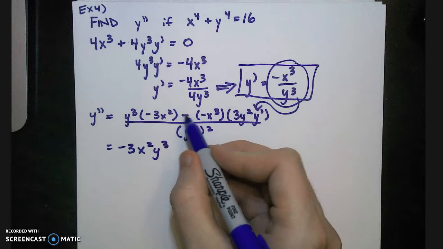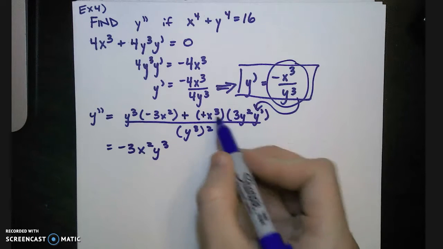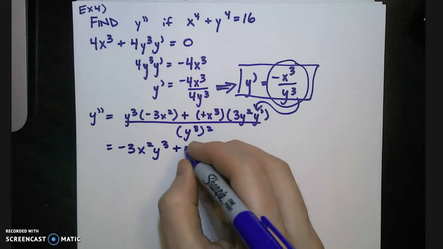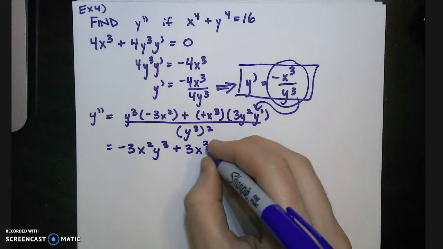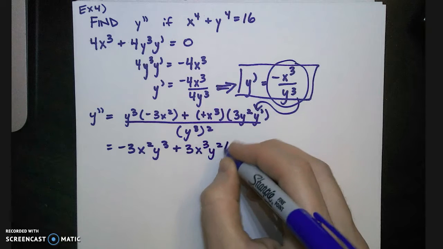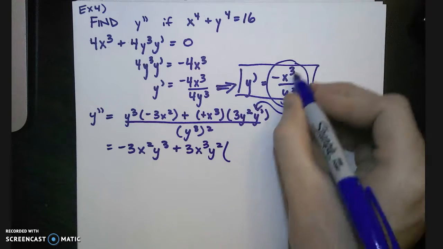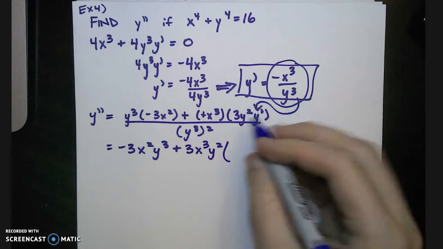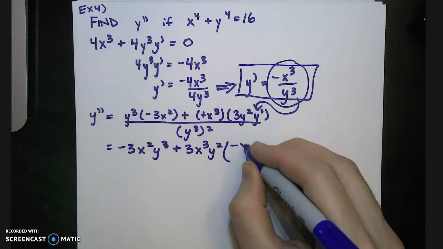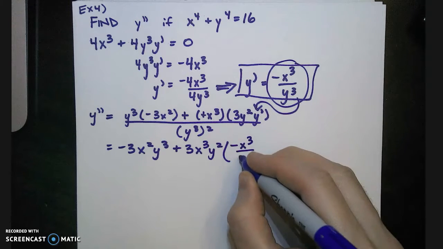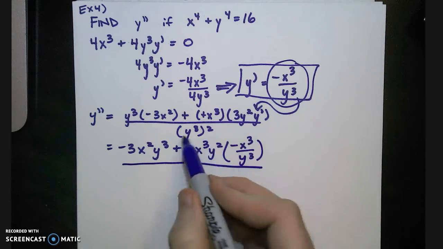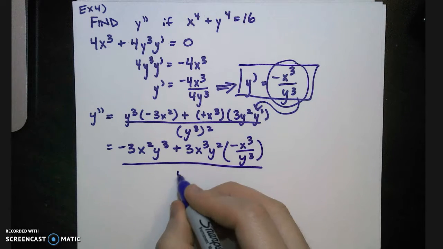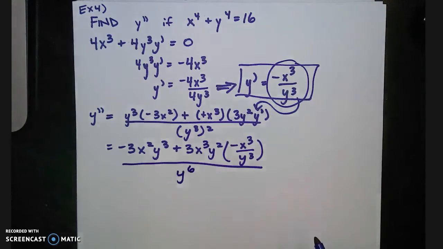Here, I'm going to cancel this double negative, change that to plus, and move the 3 in front. So it'll be 3x cubed y squared. And then for y prime, I substitute in what y prime equals. So it'll be negative x cubed over y cubed, all over y to the sixth. You would multiply your exponents.